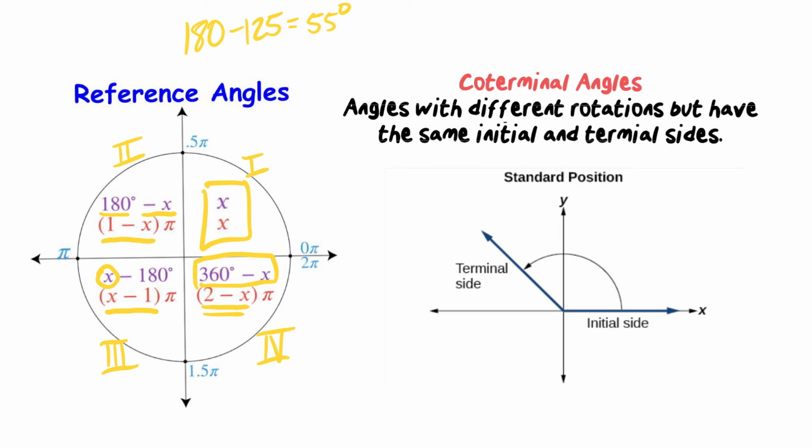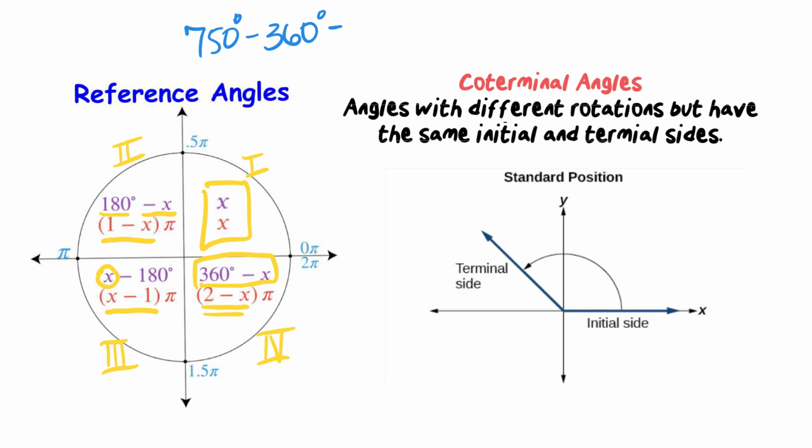Now, if we have any angle measurement that is over 360 degrees, all we do is subtract away 360 until we get onto this unit circle with 360 degrees. So if I had an angle measurement that was 750 degrees, what I would need to do is subtract away 360 to get us back into a degree measurement in which it does actually fall.